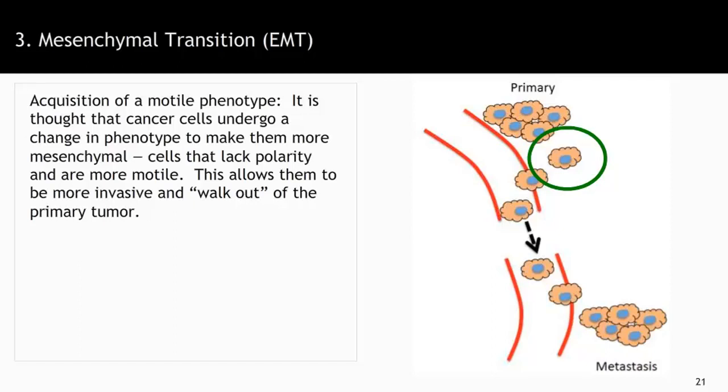This allows them to be more invasive and walk out of the primary tumor. This is a very important step. If a cancer cell does not acquire this motile phenotype, it would have to literally fall into the circulation, fall into the blood vessel because it couldn't actively move there. That active movement is addressed in the next step.